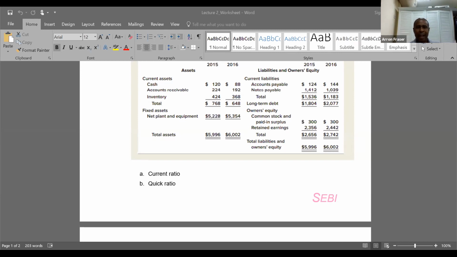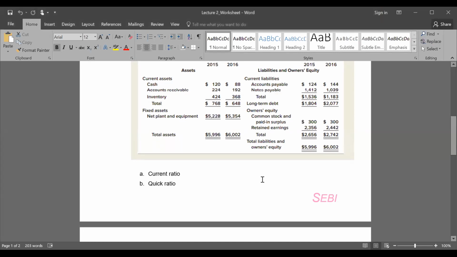What would be an initial reaction to the answers of these two ratios? Is it a good thing, bad thing? If it's good or bad, why is it? Sir, it's a bad thing because you have more expense than what you actually have in hand.